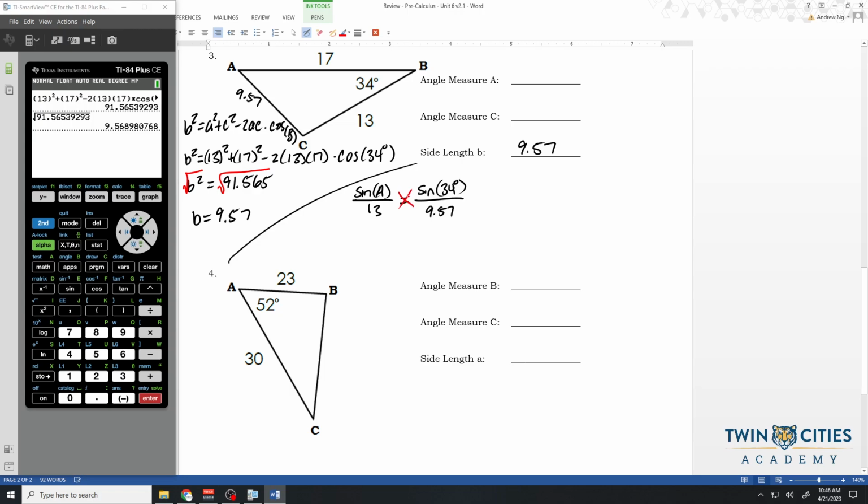Cross multiply. This will be 9.57 times the sine of a is equal to 13 times the sine of 34. And let's divide both sides by 9.57.